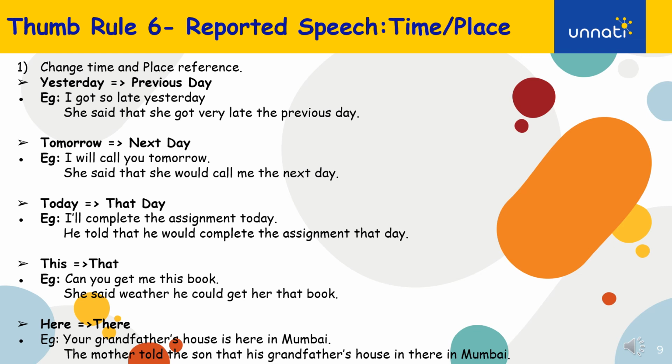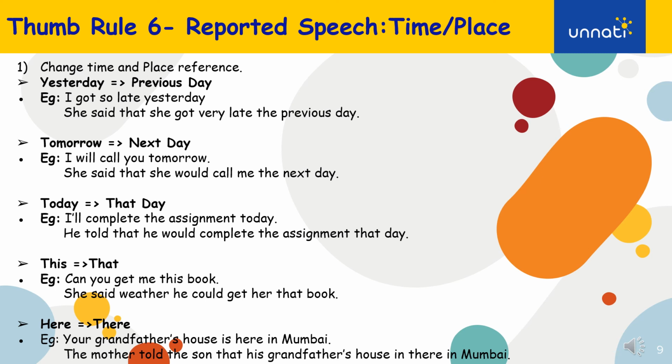So the today in your conversation between you and your friend becomes that day when your friend is reporting that to the boss. This becomes that. Now, this is a change of place because this is used when you're referring to something that is near you, and that is used when you're referring to something that is far from you. So in reported speech, this becomes that.